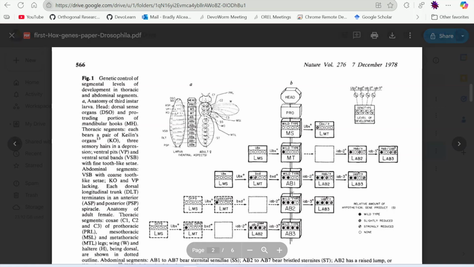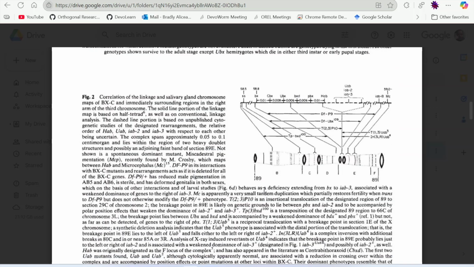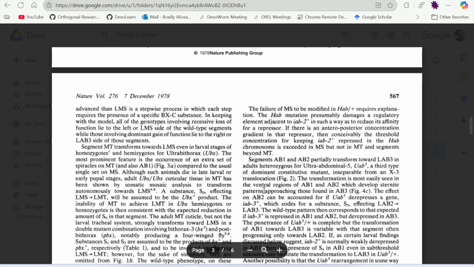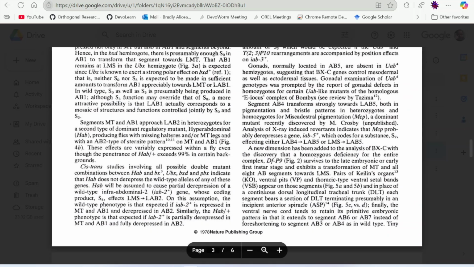This just shows genetic control. So they worked out the circuit and how this works, and then how this works across development. So this is very nice work from 1978. And again, this was in Drosophila, but then, of course, they've worked on Hox genes in other taxa and in other parts of the tree of life as well.